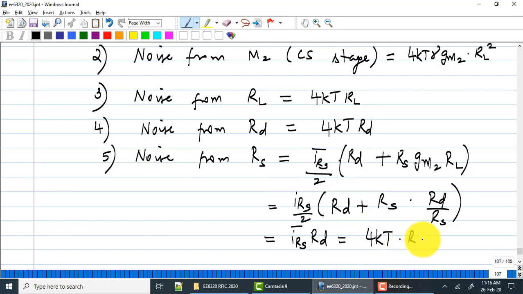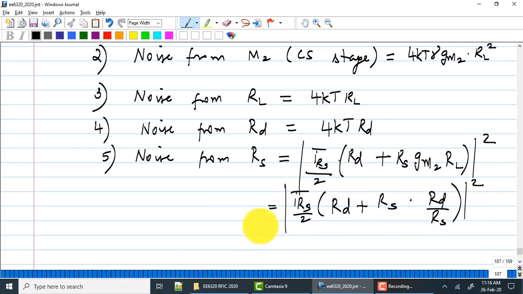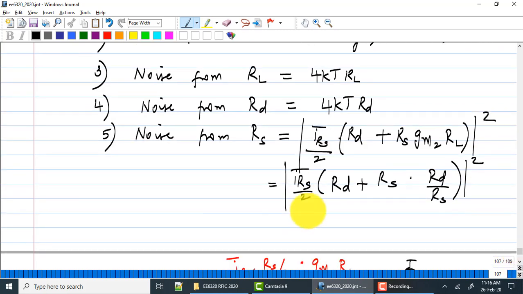Wait, just 1 minute. Okay. (4kT into RD squared by RS).